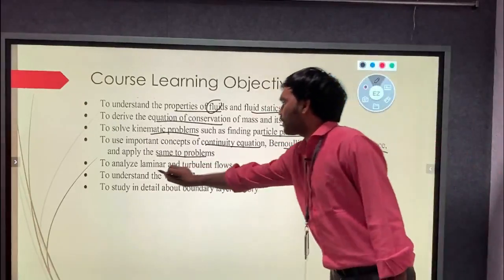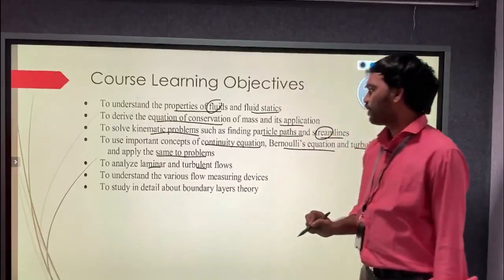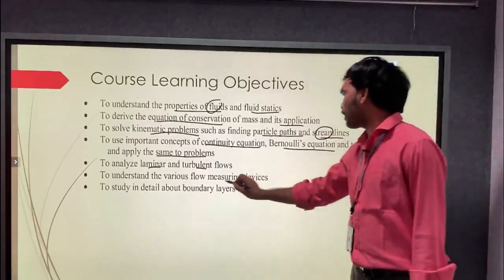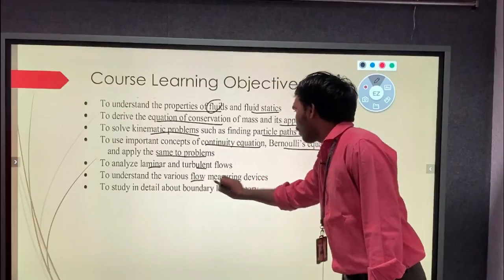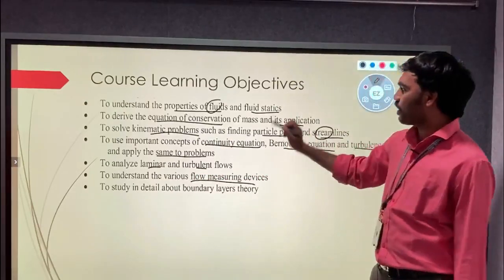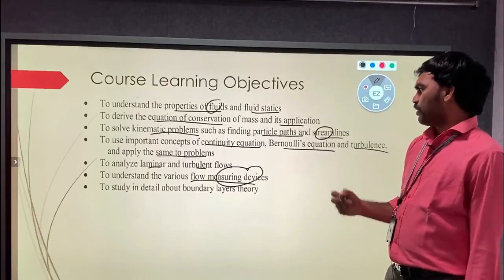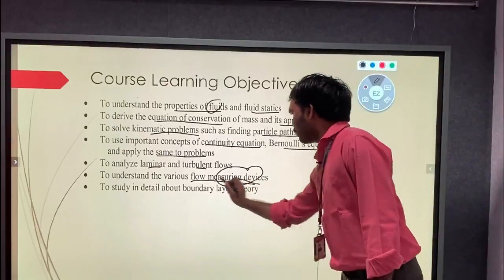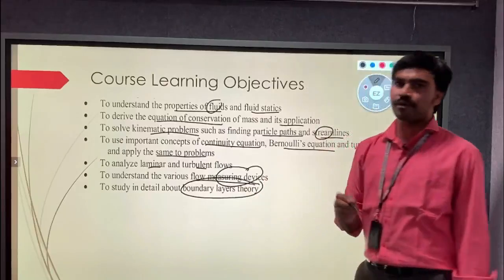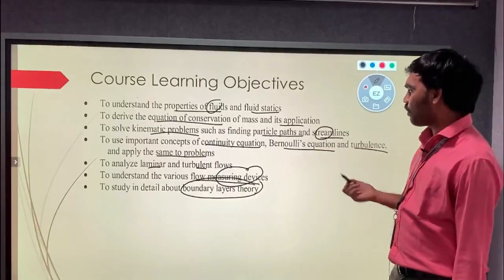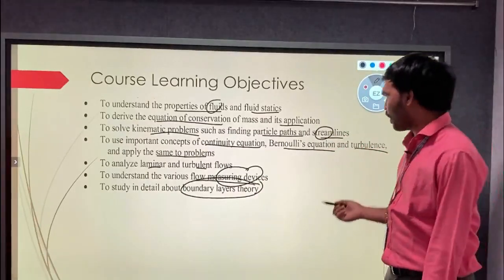Next we are trying to understand laminar and turbulent flows. After that we will see how to apply Bernoulli's equation or the continuity equation in measurement of flow. Later, in the last unit, we are going to understand the concept of boundary layer theory and how we are going to use it.